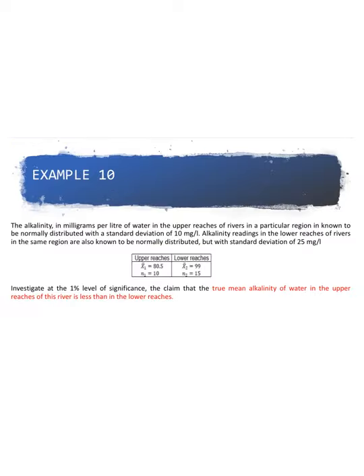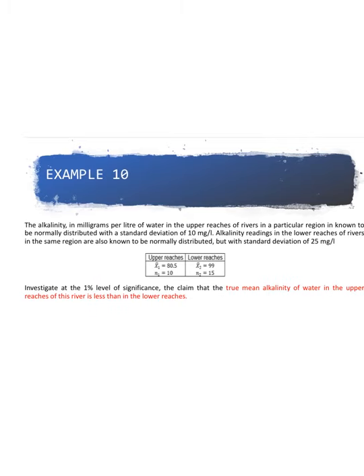Let's look at example 10. The alkalinity in milligrams per liter of water in the upper reaches of rivers in a particular region is known to be normally distributed with a standard deviation of 10 milligrams. Alkalinity readings in the lower reaches of rivers in the same region are also known to be normally distributed but with a standard deviation of 25.